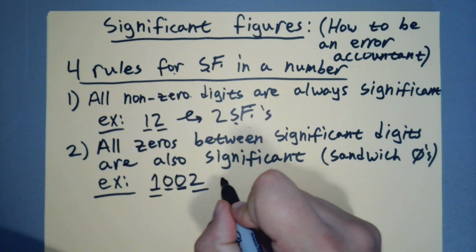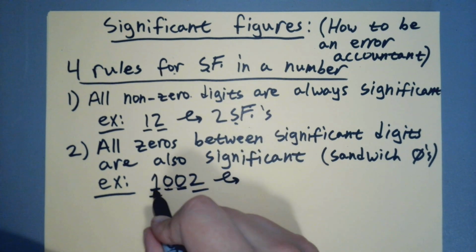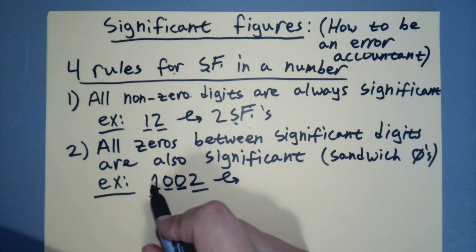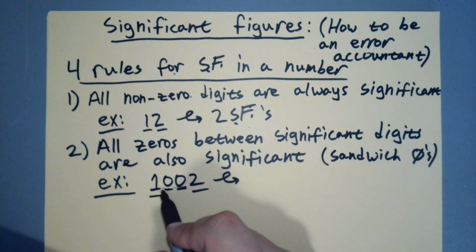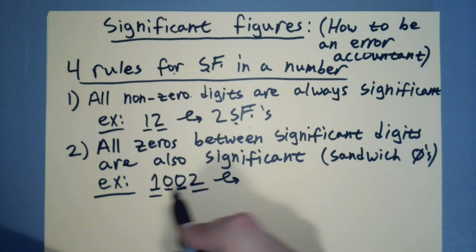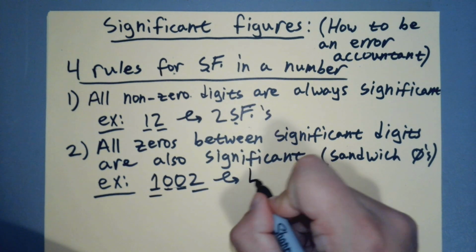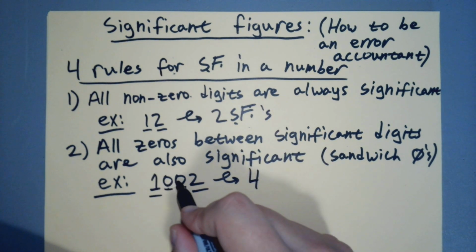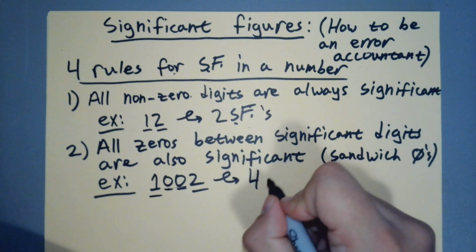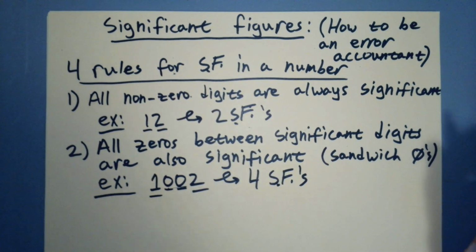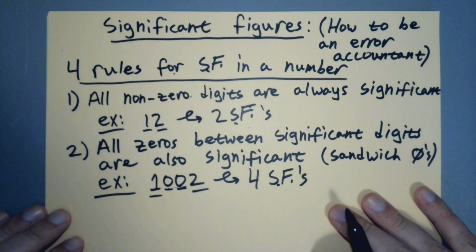Those are going to count as well, because they are sandwiched between 2 numbers that count. That's significant, significant, therefore in the middle is significant. So you have a continuity. You don't get to like counts, doesn't count, counts. It's going to count all in a row. And so that means we have 1, 2, 3, 4 significant digits in this number. Okay?